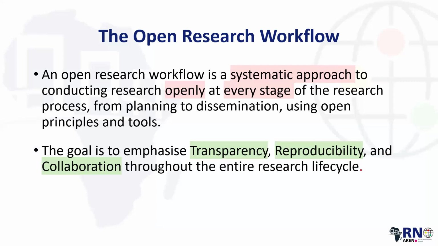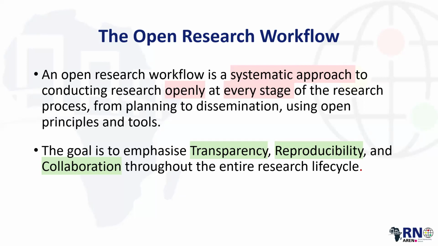The goal is to ensure that transparency, reproducibility, and collaboration are ensured throughout the entire life cycle. Generally we said that open science promotes transparency, reproducibility, collaboration, and a lot of other principles that are currently not really existing within the research space. So if you are aware of open science and its principles, a way you can help the research community achieve this is to conduct research using an open research workflow.